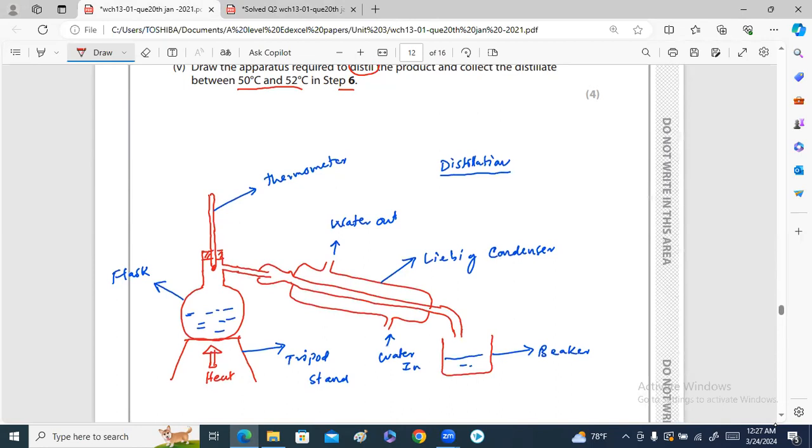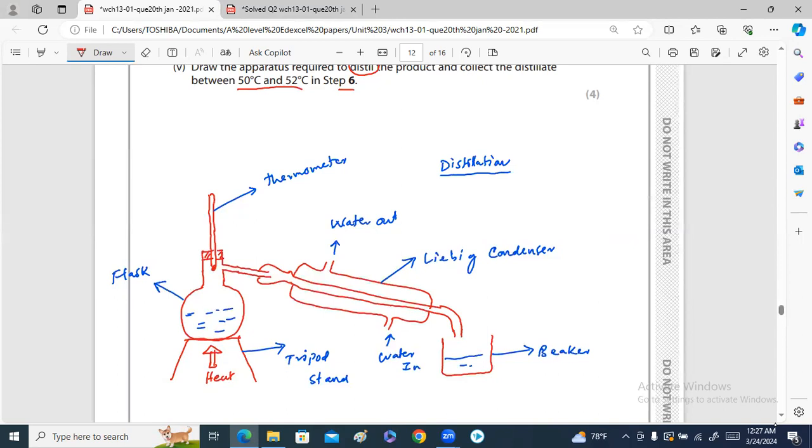You must have a flask here, the tripod stand, then heat source, flask, thermometer. This is the Liebig condenser, water in, water out. This is a receiver, beaker. This is the apparatus which is used for distillation.